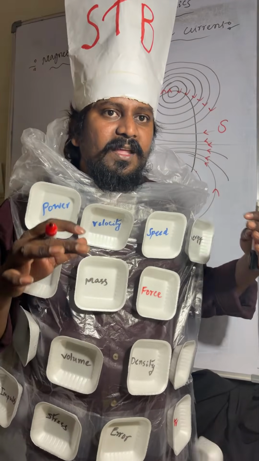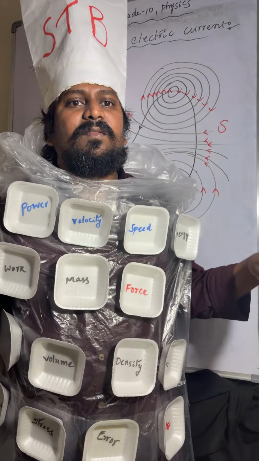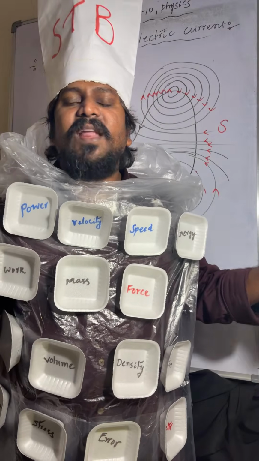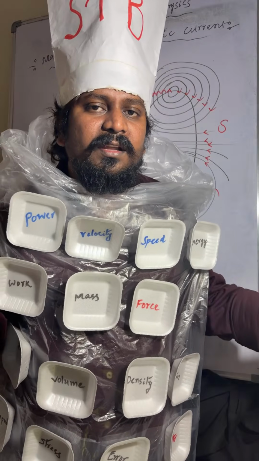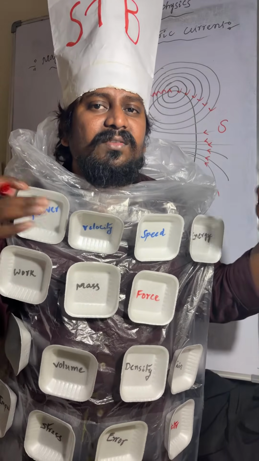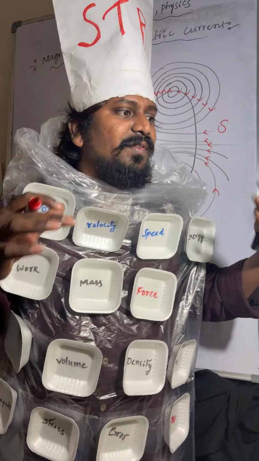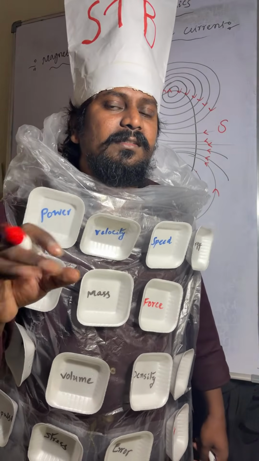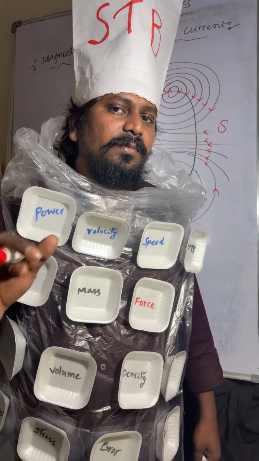If from a particular point the magnetic field is leaving, that point is called the North Pole. If the magnetic field is reaching a particular point, that point is called the South Pole.